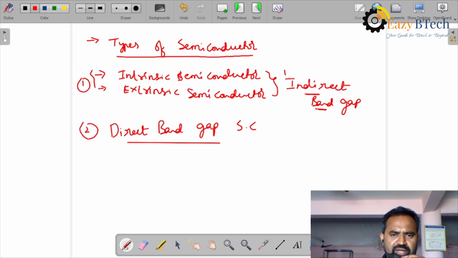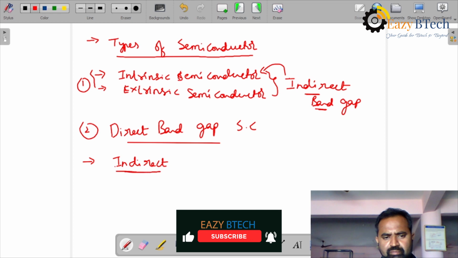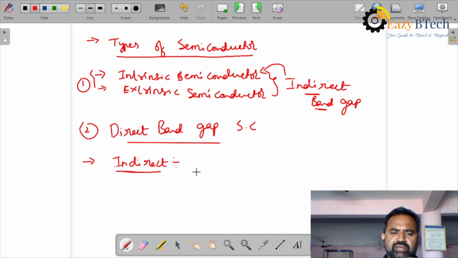In indirect band gap semiconductors, again we have intrinsic and extrinsic semiconductors. Okay, we will discuss what is an indirect band gap semiconductor.